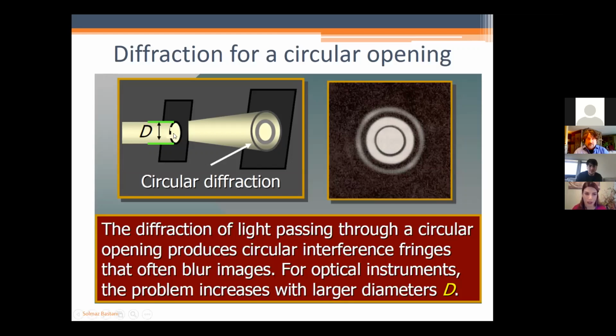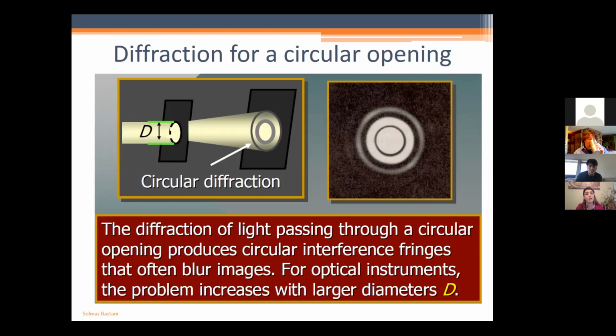Because we have an opening here, so you just expect to have a bright circle, but then you see that, wow, it's not what is happening. You see some dark and light fringes. So this is what we call diffraction. The diffraction of light passing through a circular opening produces circular interference fringes that often blur the image.